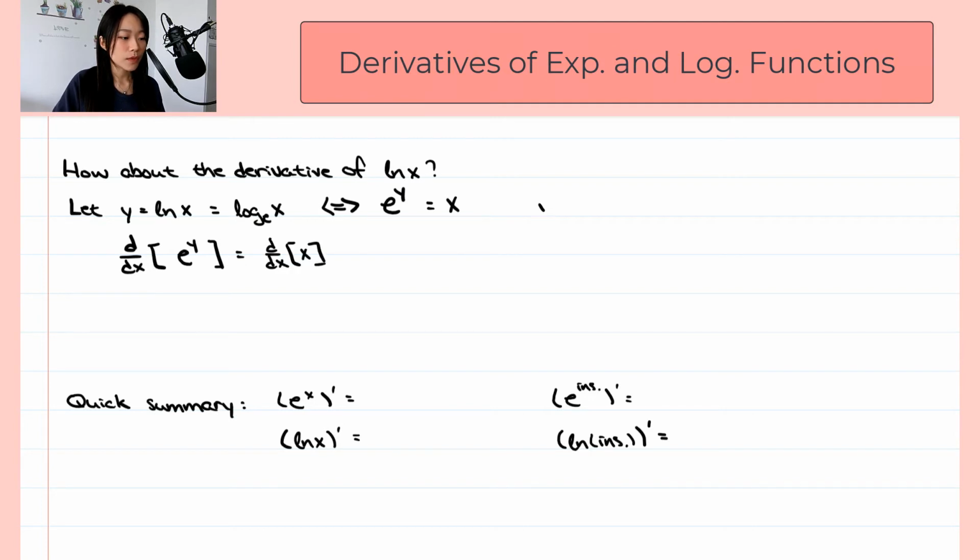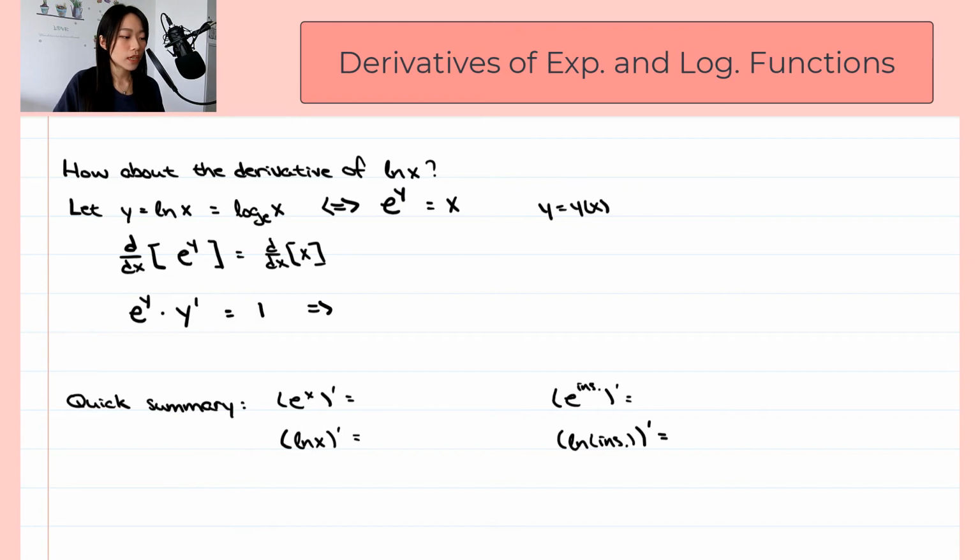And here we are assuming that y is a function of x. So when we take the derivative of y with respect to x, we have to use the chain rule. So the left-hand side equals e to the power of y times the derivative of the inside function by the chain rule. And this equals the derivative of x, which is 1.